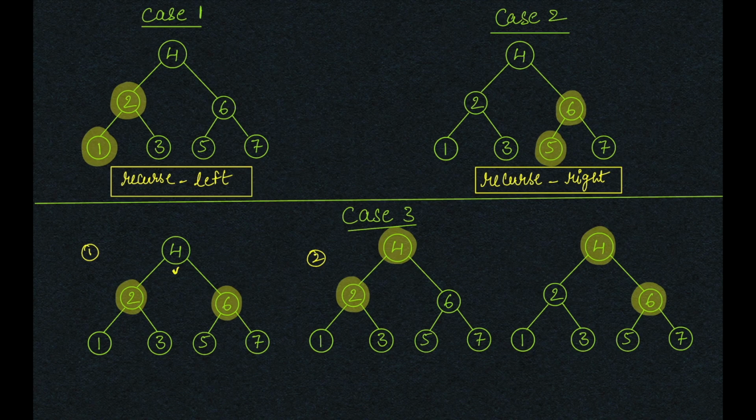In this case also, the value of the lowest common ancestor is going to be 4. And let's look at the example 3 in case 3. So the value of P and Q is going to be 4 and 6. In this case also, the value of the lowest common ancestor is going to be 4. So for the entire case 3, we are going to return root.